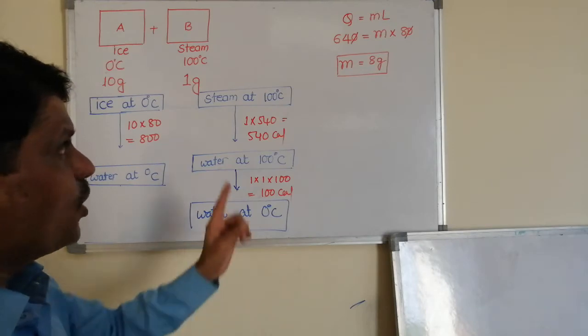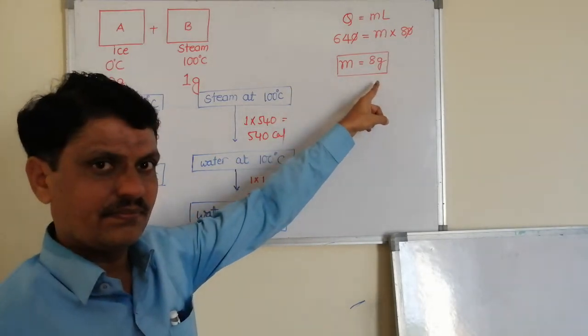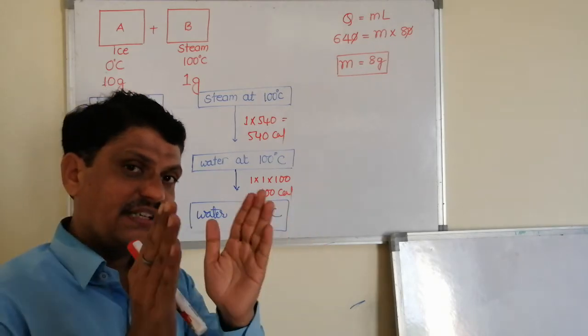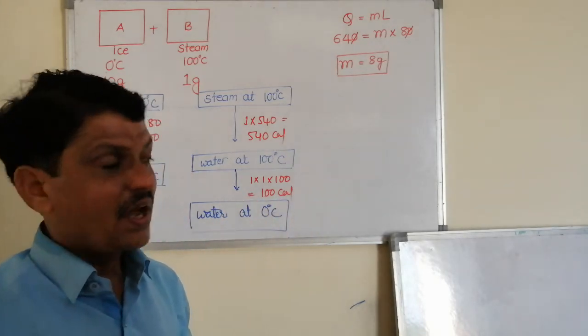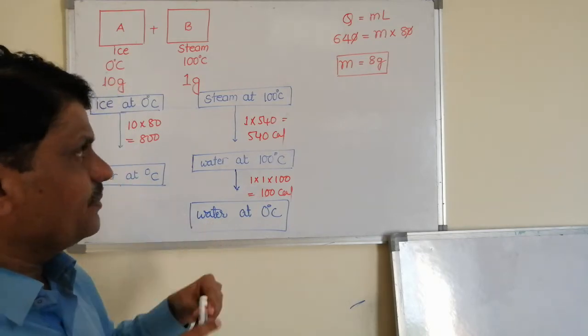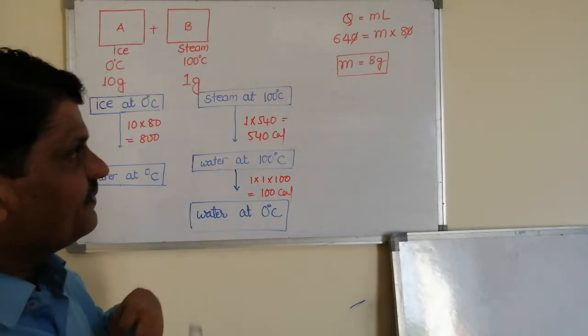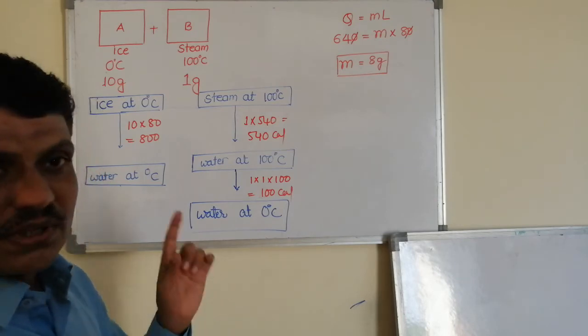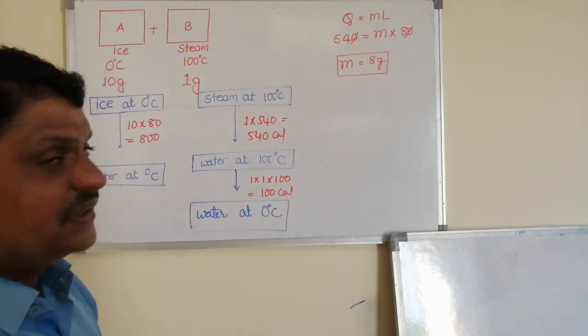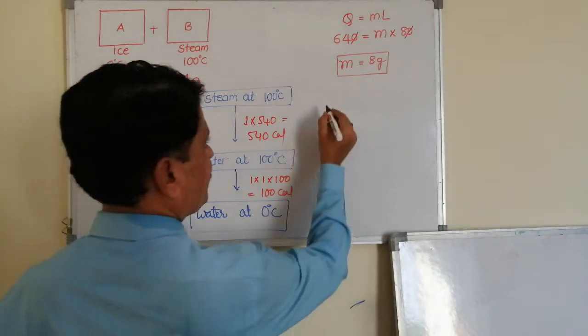So they can ask how much ice melts, what is the final temperature, what is the final amount of water, or what the mixture contains. These kinds of questions can be asked. My first question, how much ice gets melted? Answer, 8 gram.